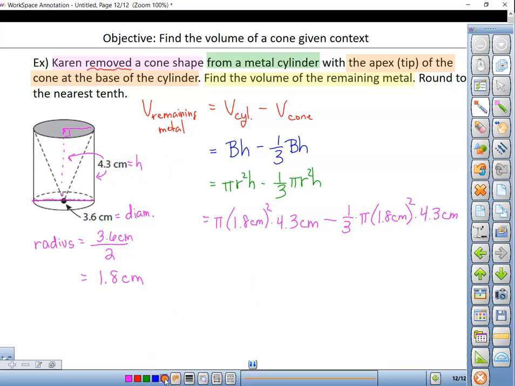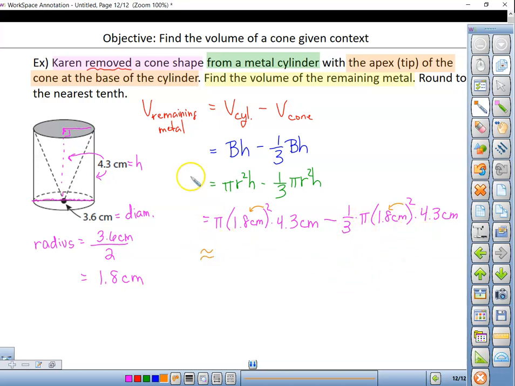So again, I would just let my calculator do all of this and save myself some time and some writing. So I would do pi times 1.8 squared times 4.3 in my calculator, and then I just keep on typing. I'd hit my subtraction key, and then I would hit pi times 1.8 squared times 4.3 divided by 3 for the times 1/3, and then I hit equals.